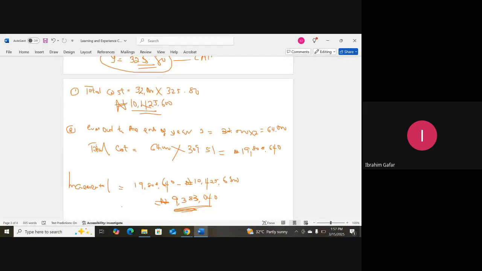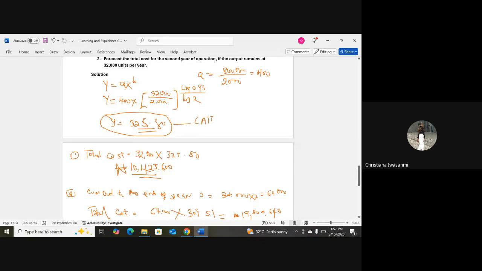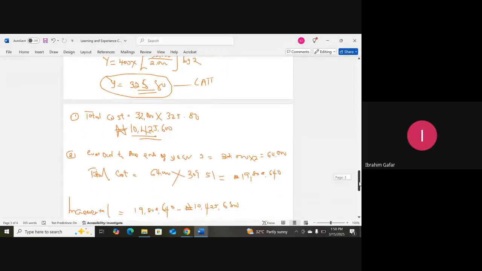If you don't want to check your incremental cost like this, you can also check it from the cat. What is the cat as at 32? 325.80, minus the cat as at 64, which is 309.51.